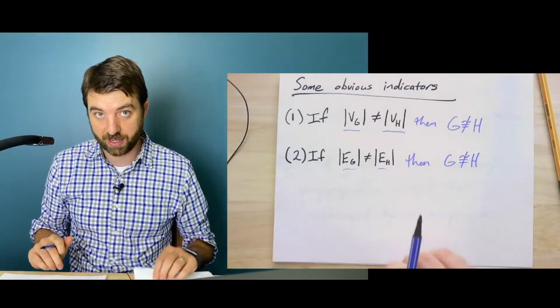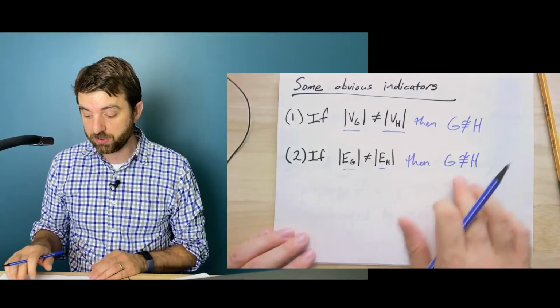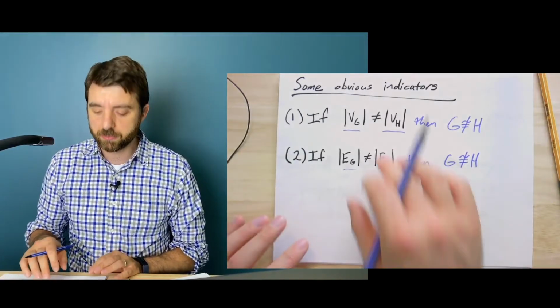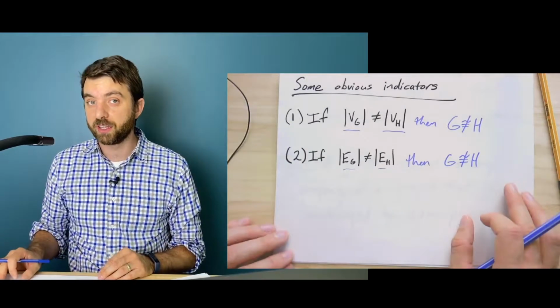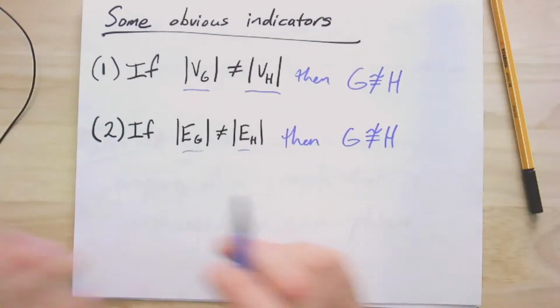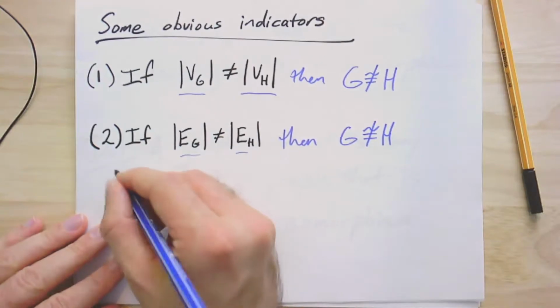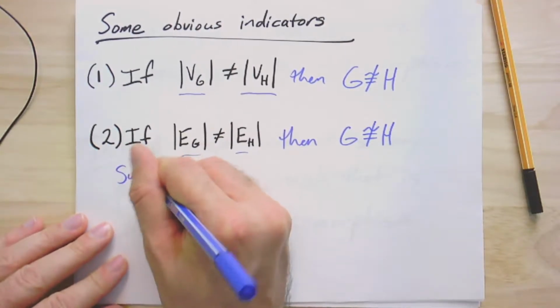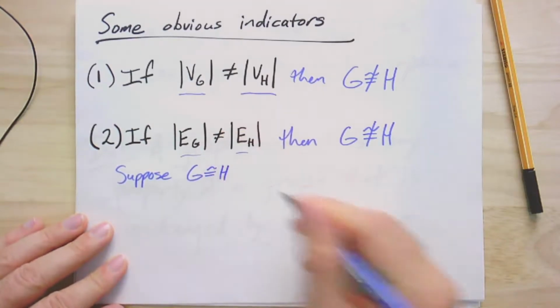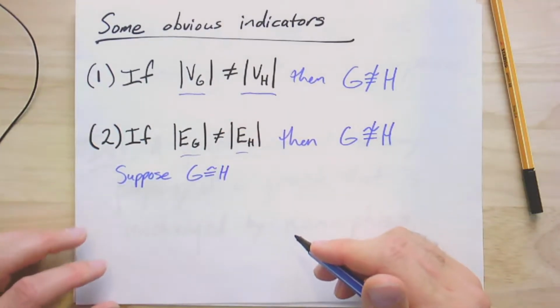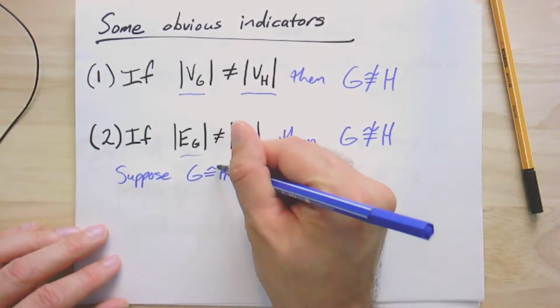Let's see how we can use the definition of isomorphism to prove that these two conditions would be sufficient to show that the graphs are not isomorphic. All right, so suppose G is isomorphic to H. I'm going to prove the contrapositive of these two statements, both at once.